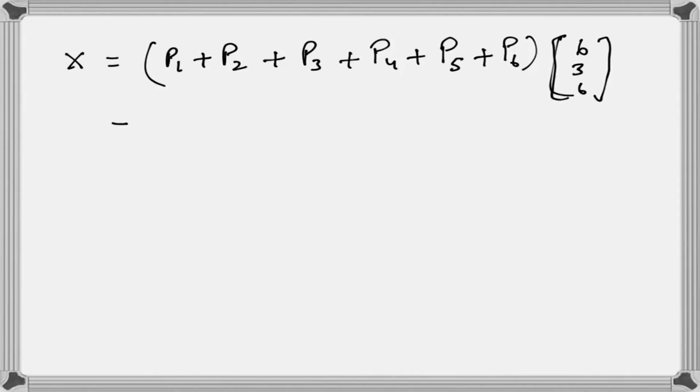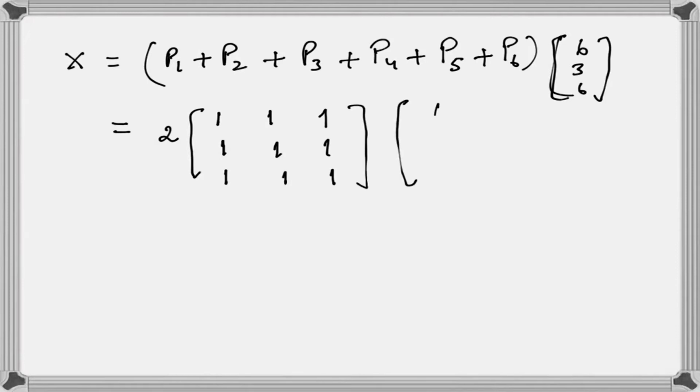Okay, so if you add all these matrices, we get 2 times the all-ones matrix 1 1 1, 1 1 1, 1 1 1, times (6 3 6). Okay, so this is not actually X, this is X times (1 1 1).